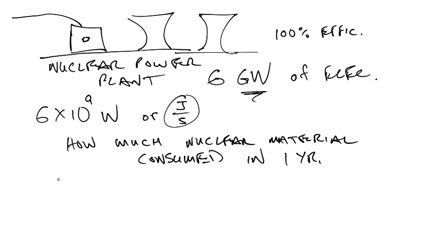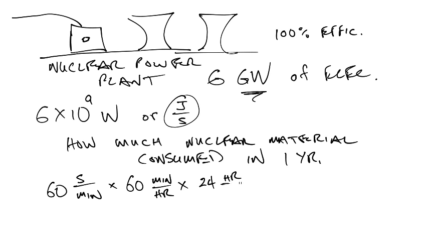In order to figure that out, we're going to go 60 seconds per minute multiplied by 60 minutes per hour multiplied by 24 hours per day multiplied by 365 days per year. And if you'll notice, watch what happens. Minutes cancels minutes, hours cancels hours, days cancels days, and we're left with seconds per year.